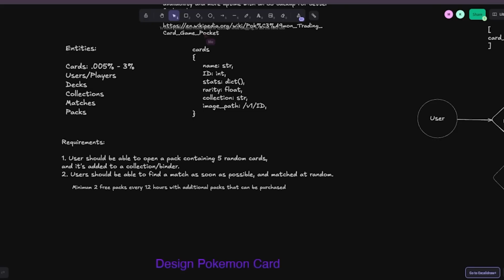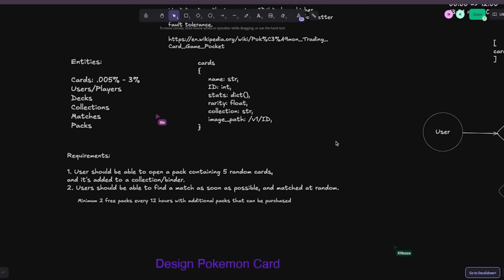So essentially, it's a slimmed down game where I start off with something ambiguous. I try to find the primitives, the core objects. So there's cards, users or players, decks, collections, matches, and packs as the core entities.